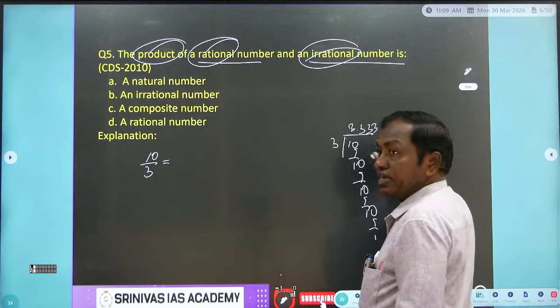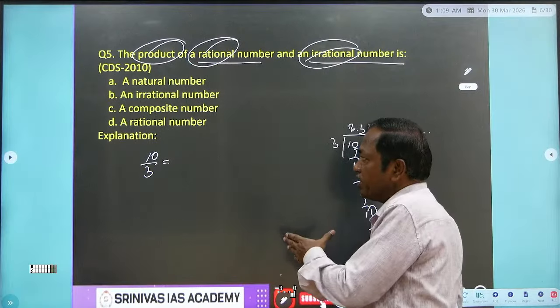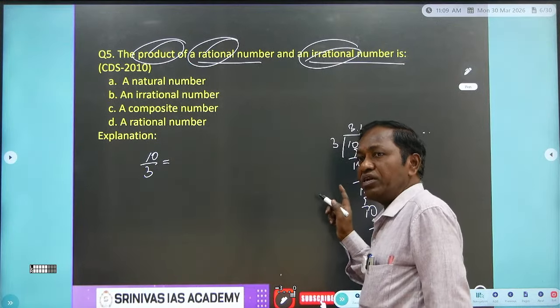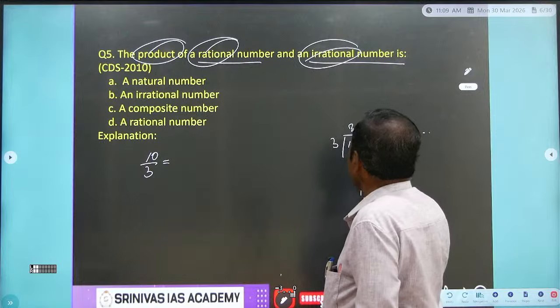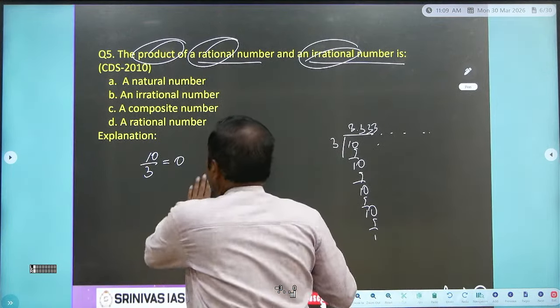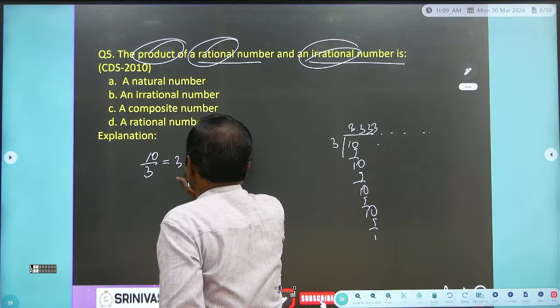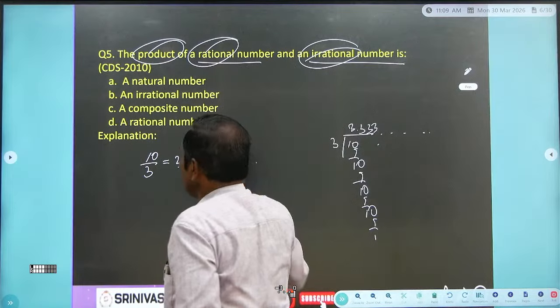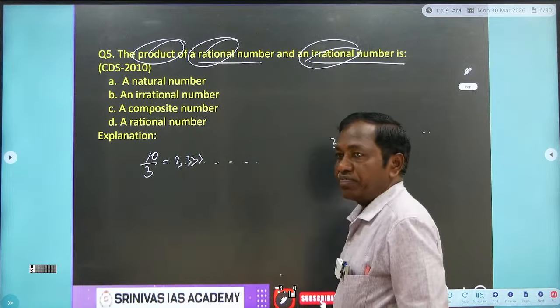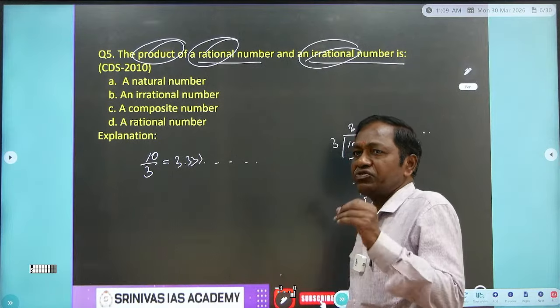It goes on. It means 3 is being repeated. Any repeating, non-terminating decimal is always a rational number. 3.3333 is also a rational number. Okay, right. What is an irrational number? The best examples you always have to know.